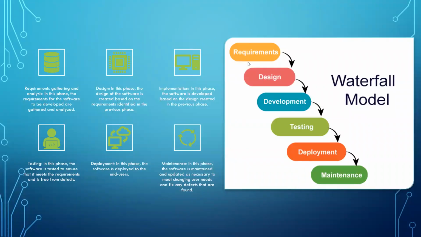Here you can see you have requirement, design, development, testing, deployment, and maintenance. Whichever model we are talking about should follow the SDLC, that is the software development lifecycle. The first phase is requirement gathering and analysis. In this phase, the requirements for the software to be developed are gathered and analyzed.